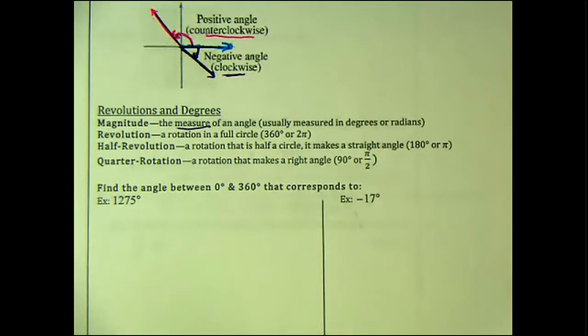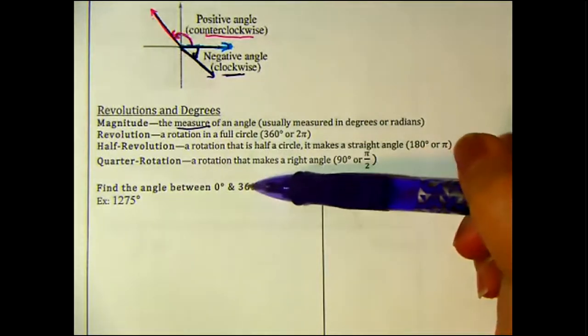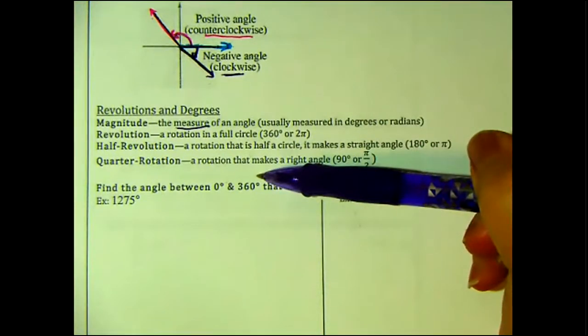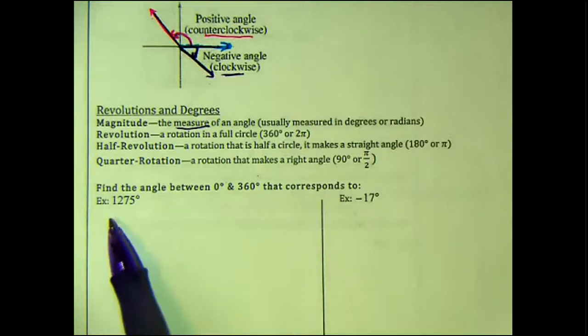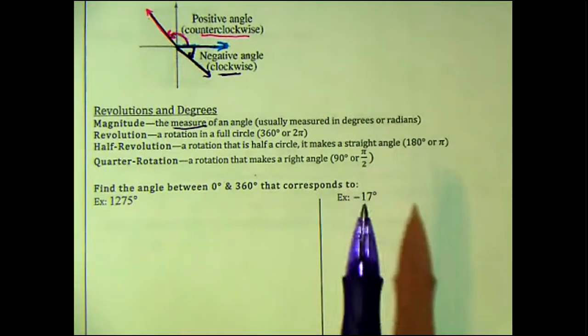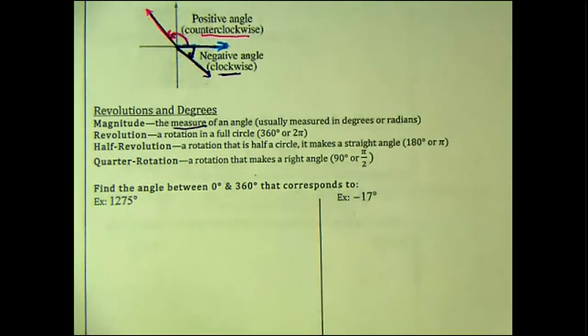So first things first, we want to figure out what is the angle between 0 and 360, in this case, because we're dealing with degrees, right? Our next examples will be in radians, okay? And then we want to actually graph the angle. We want to show the angle. And I'll show you guys how to do that as well.